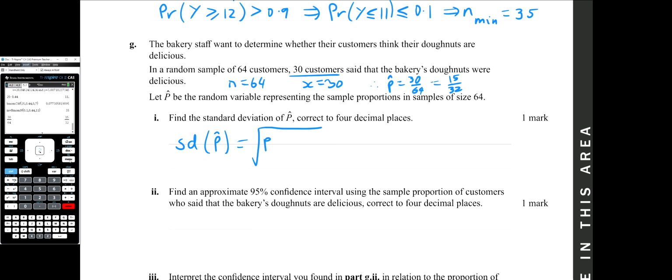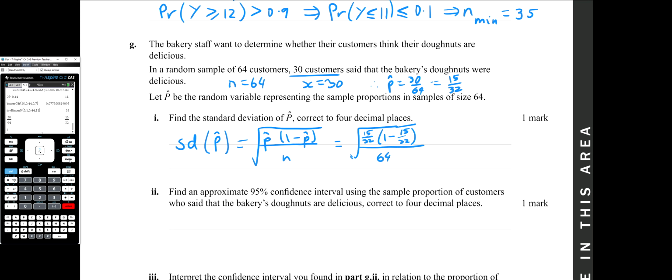So I'm just going to write square root of p hat times (1 minus p hat) over n. So that's equal to 15 over 32 is the value of p hat, times 1 minus 15 over 32, all over n, which is 64.